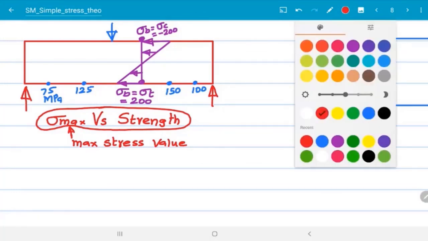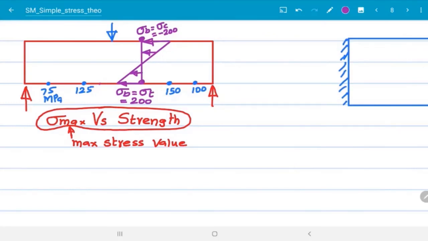One second. At this point, it is 190. Again, from all these numbers, we have to select the maximum value only. Got it. So maximum stress value should be compared with the strength.